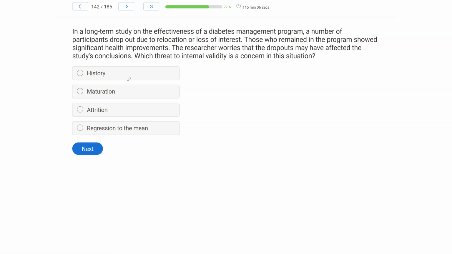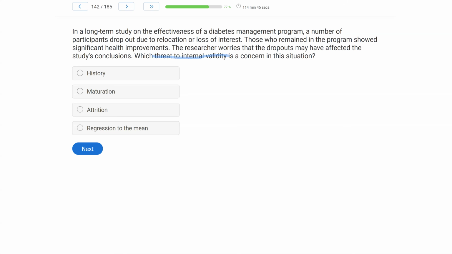When we talk about threats to internal validity, we're talking about what is potentially messing up our functional relationship. With any study, we want to prove that our intervention, our independent variable, is controlling the dependent variable. In this case, what is occurring?